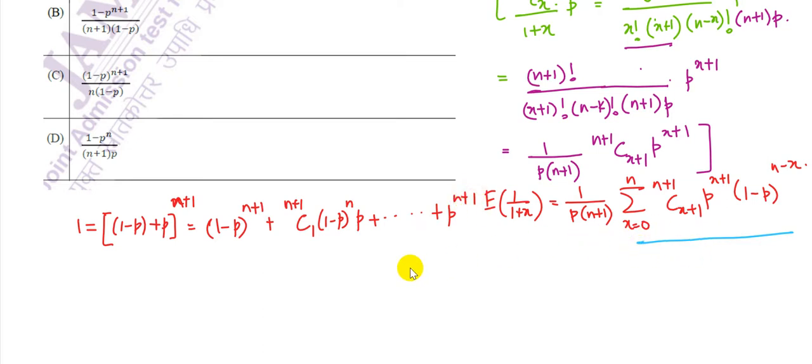Now if you compare these two expressions, it starts with n plus 1 c1 into p to the power 1 into 1 minus p to the power n.